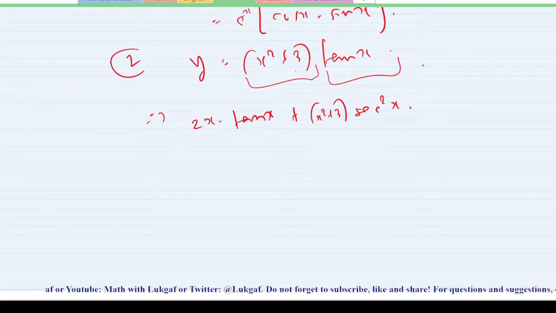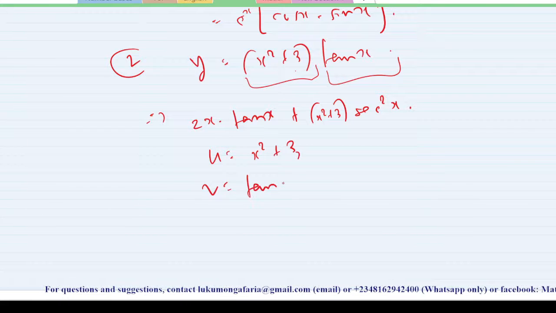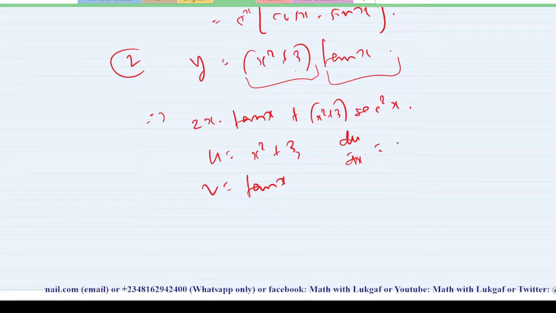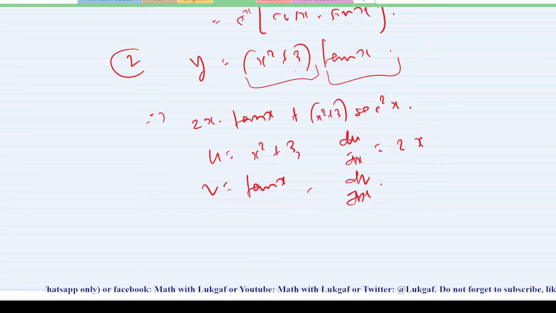It is very simple, but if you want to solve it using the approach I did the other time, then your u will be what? Your u will be x square plus 3, your v will be tan x. Then you differentiate u, derivative of u with respect to x will give me 2x. Then you differentiate this v with respect to x, that will give you sec square x.